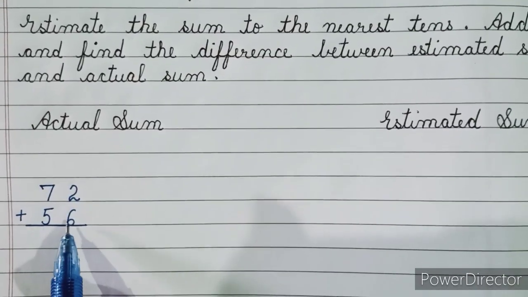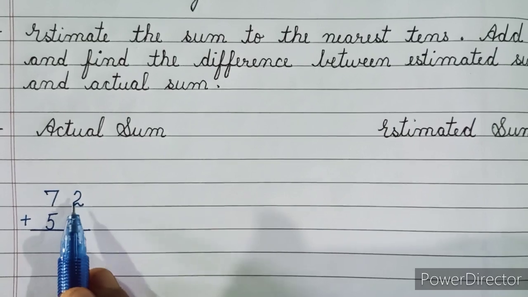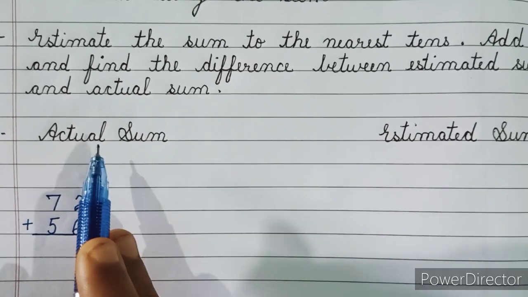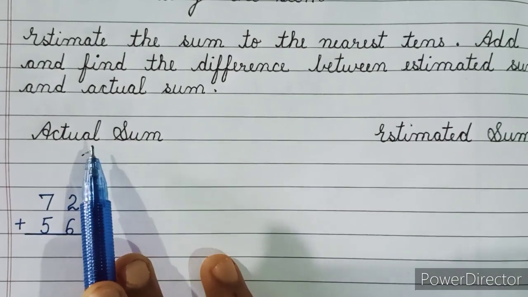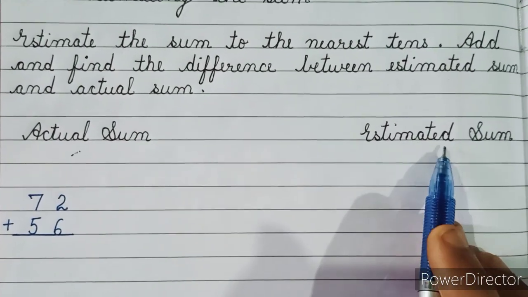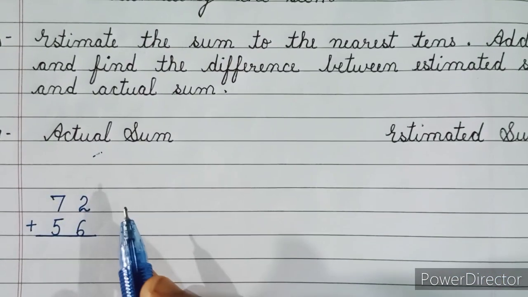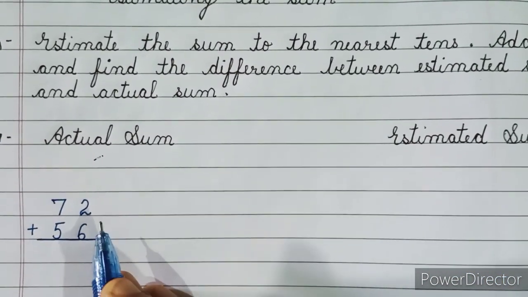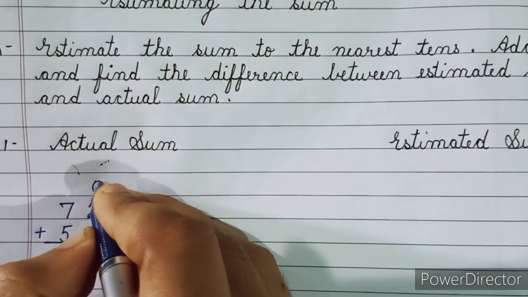72 plus 56. Children, look above. This is the actual sum. Okay? I have written, and here I have written the estimated sum. Children, as we told you, listen carefully.